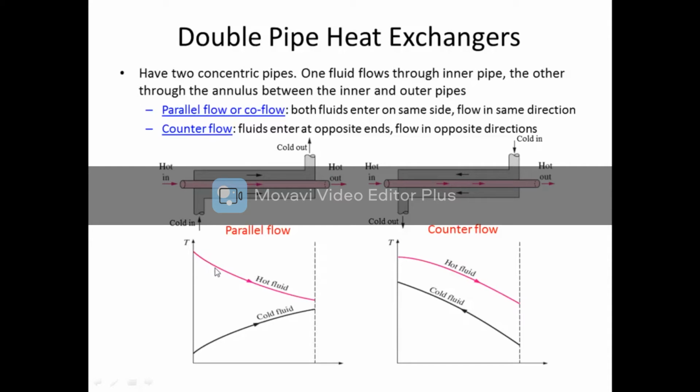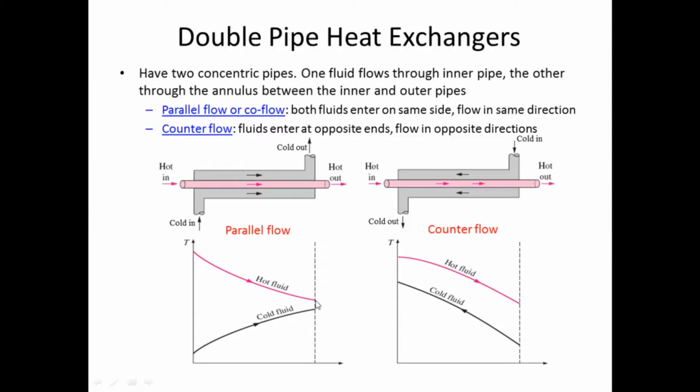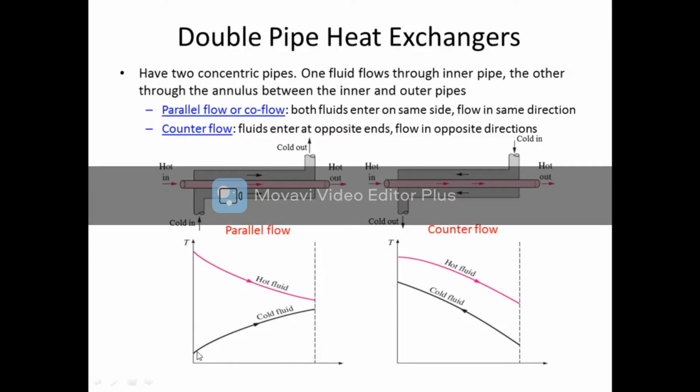As it flows, its temperature is reduced because it is losing heat to the cold fluid, and finally it leaves the heat exchanger at a lower temperature. The opposite effect is seen in the case of the cold fluid. It also enters at the left side. Its temperature keeps on increasing as it receives heat from the hot fluid, and finally it leaves at a higher temperature at the right side.